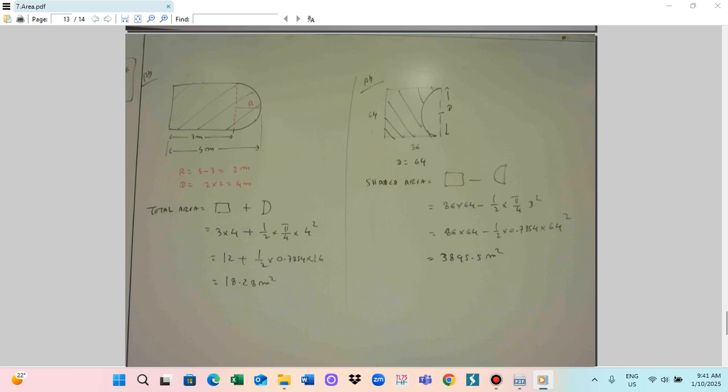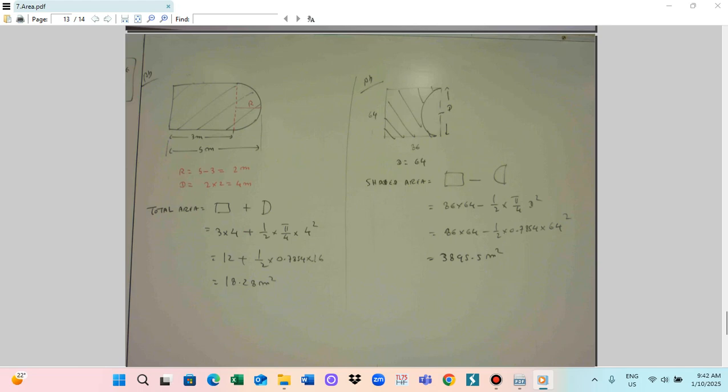Okay, so the total area is the rectangle plus half of the circle. So the rectangle is 3 multiplied by 4 plus half of the circle, which means half multiplied by pi by 4 into diameter square.